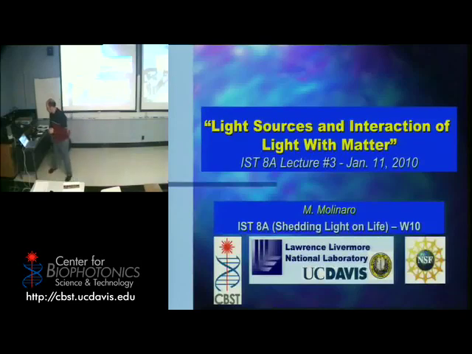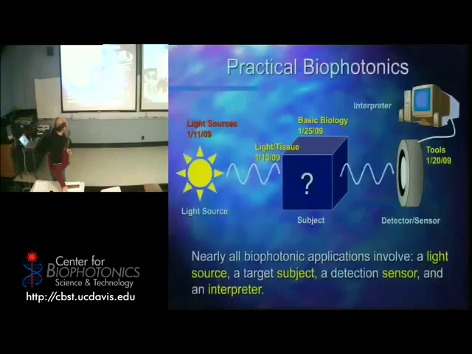Anyway, today we're focused on light sources and interaction of light with matter. Just to give you an overview of where we're heading: today is light sources. On Wednesday we'll talk about light-tissue interactions, including things like lasers to blast tattoos and reshape your cornea.